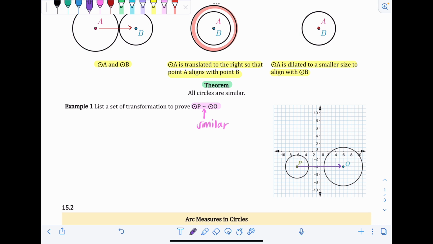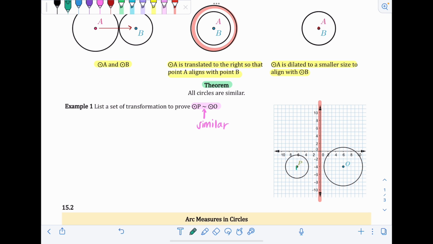Because we talked about that up above, I just want to show a different type of transformation here though, just as an additional example, and it's reflection. So I want to see if I can reflect circle P over the y-axis and make the center points line up. To check to see if that actually happens, you would have to count the distance from each center point to the line of reflection, which is the y-axis.